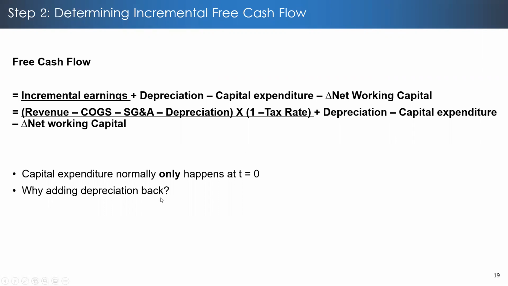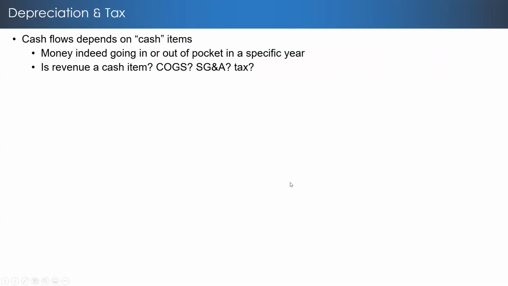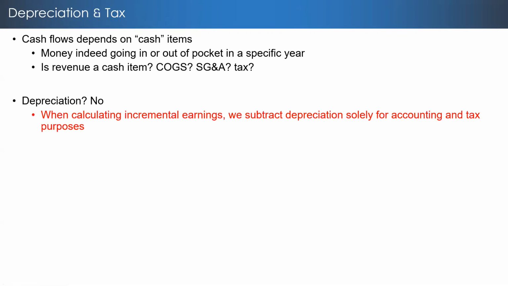Okay, so one question here is, I remember that when calculating incremental earnings, we subtract depreciation. Why do we add it back here to reach the free cash flows? One answer is that cash flows depend on the cash items, meaning the money that you actually spend out of your pocket or receive in your pocket. However, depreciation is not a cash flow item.